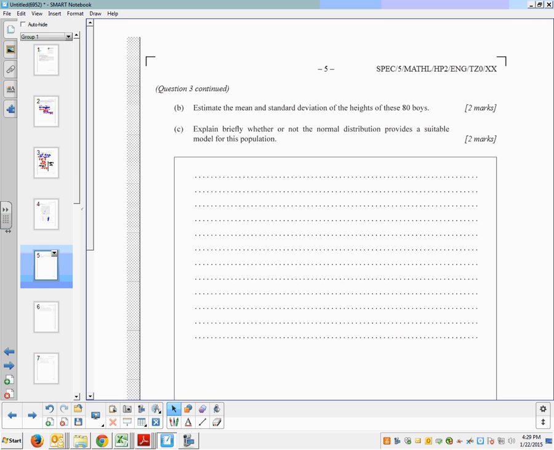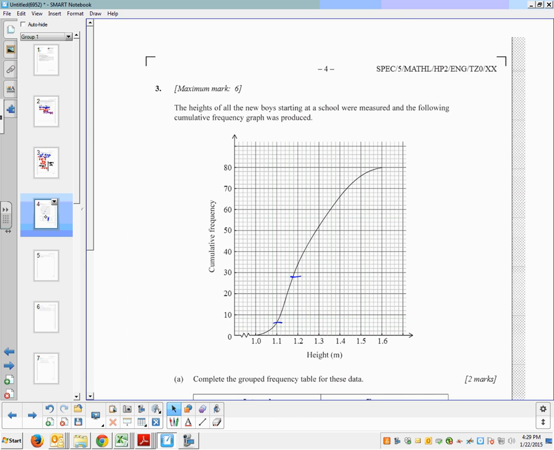To get the mean and the standard deviation, again, all you do is type it into your calculator. So in the stat menu, you can edit the lists. And you can fill in these two lists.